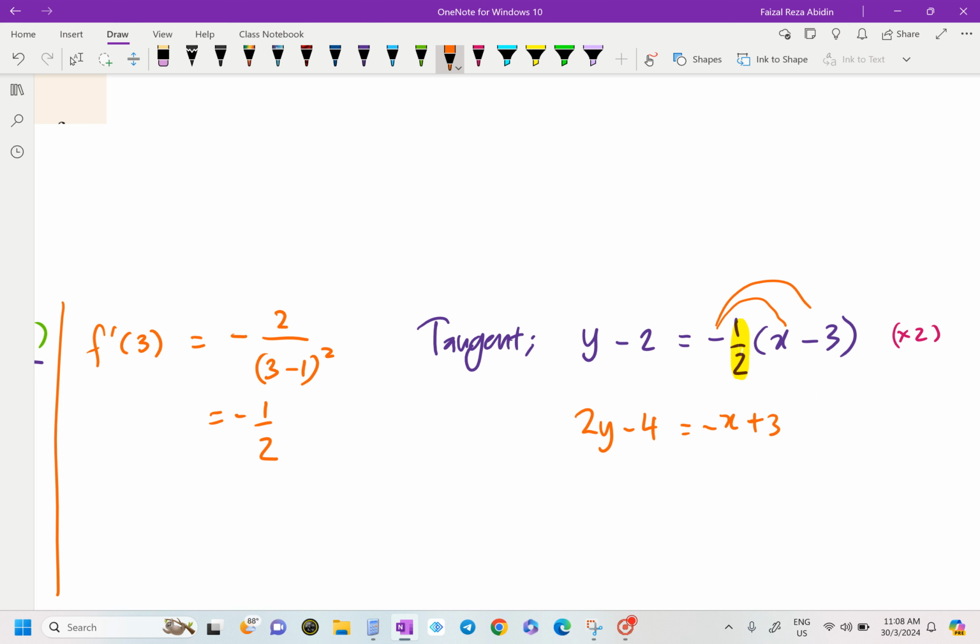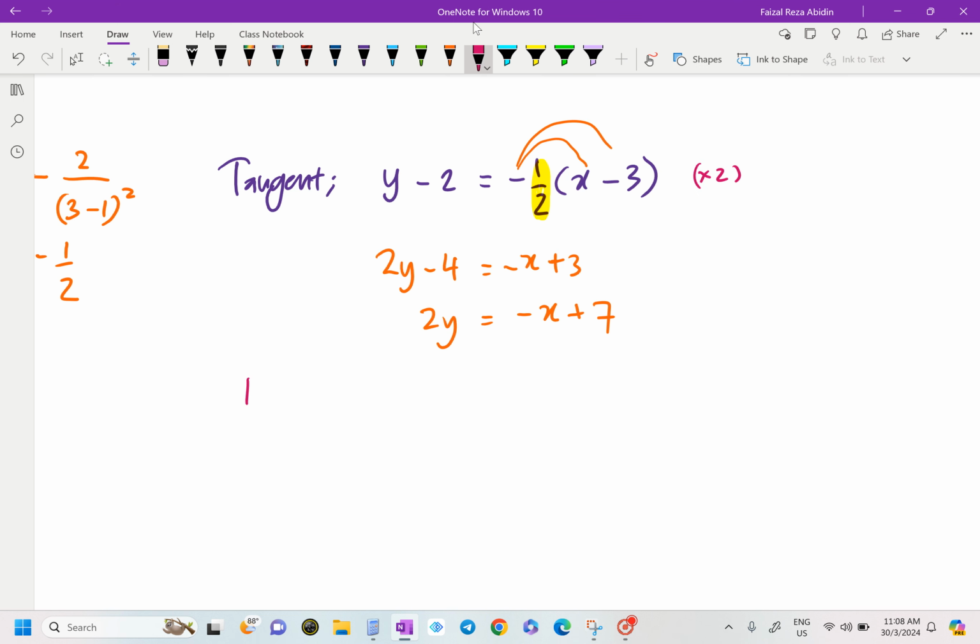So if I want to find my y over here, of course, I'm going to get y equals negative x plus 7. And then for the normal over here, you're going to get m1 m2 equals negative 1. This one, m1 here is negative 1 over 2. Of course, m2 here is going to be 2, right? For the normal. So for the normal over here, what are you going to get?